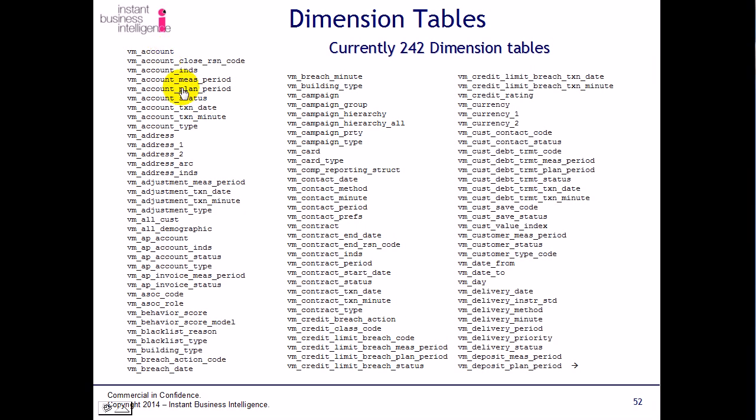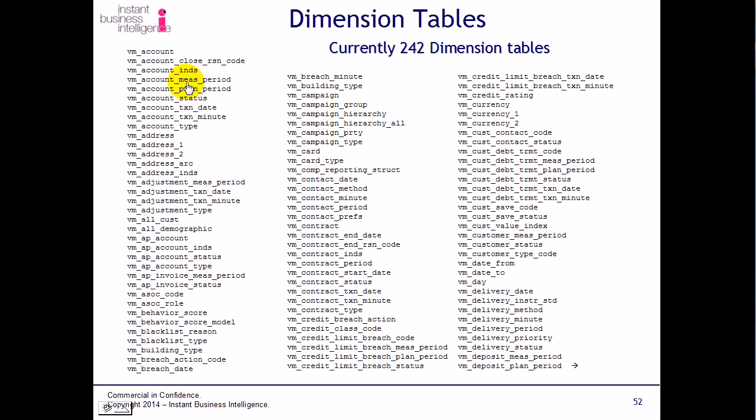So we have, you might want to hit pause at this point and read through this, but I'll just talk through some of these. Okay, so we have the account close reason code, the account indicators, measures period, plan period, account status, you need an account status, the transaction date, the transaction minute, and account type.